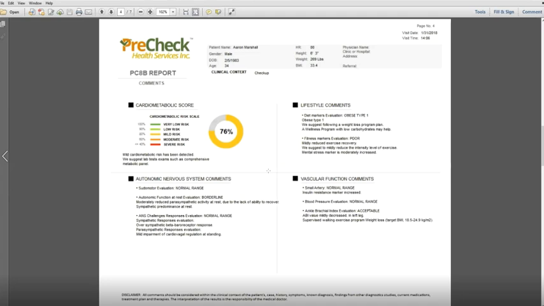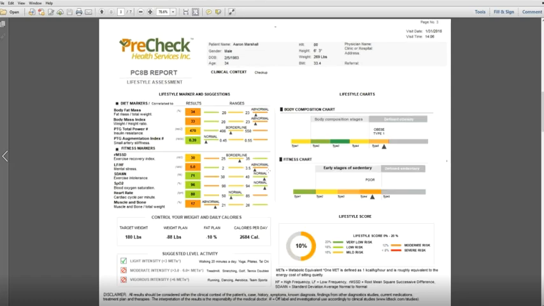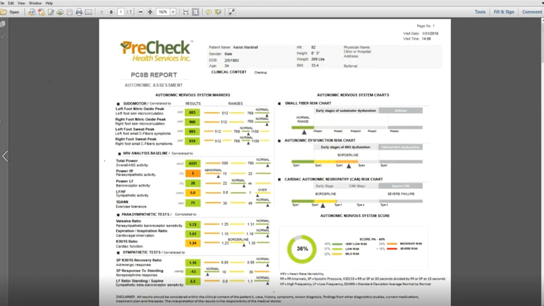Diet marker evaluation, obese type 1. We suggest following a weight loss program. A wellness program with low carbohydrates may help. The fitness is poor. This is a quick snapshot into what's going on with the patients and quick commentary from the clinician. Graphs, charts.